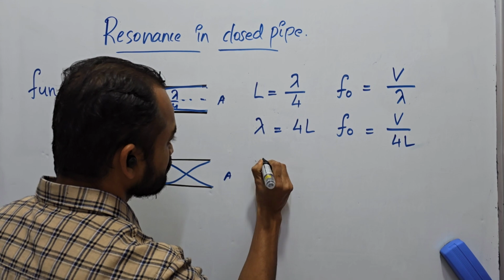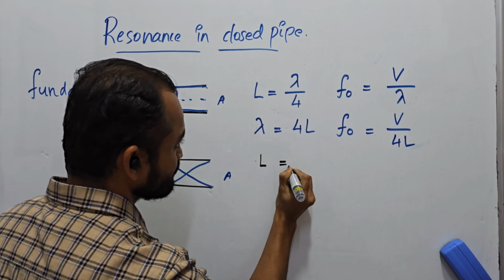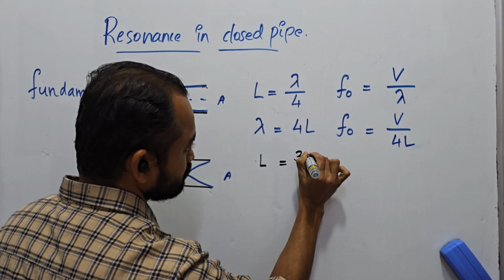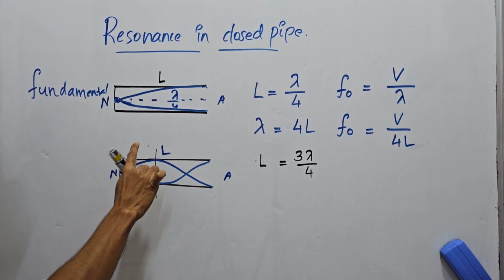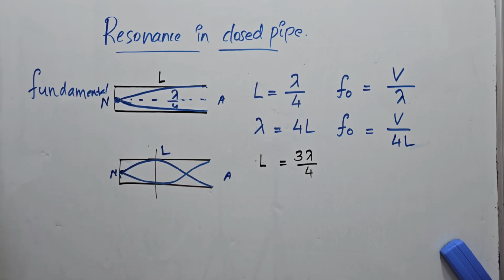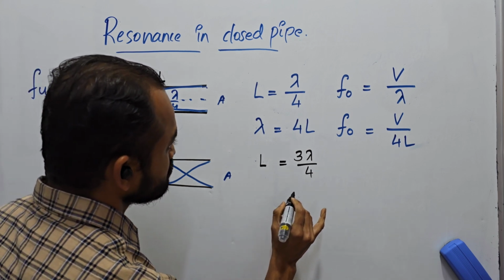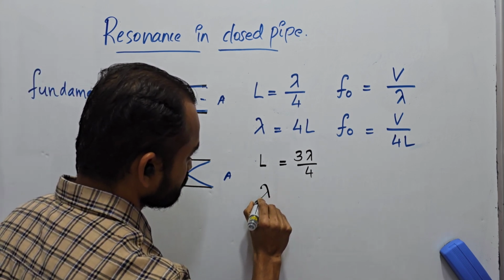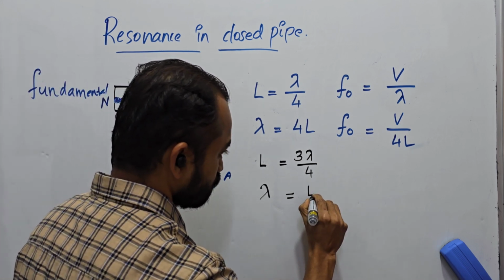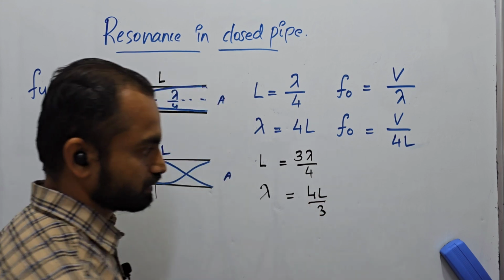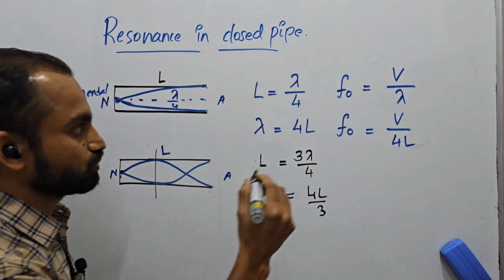Here the length of the pipe is now equal to 3 lambda by 4, 3/4 of a wavelength. Correct, students? Okay. So what is lambda? Lambda is equal to 4L over 3.